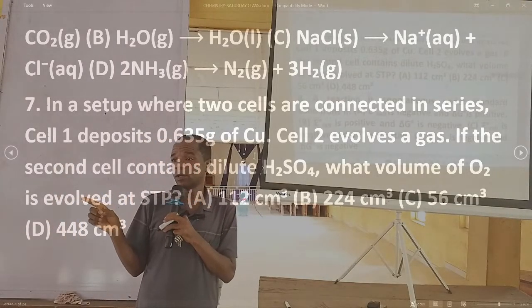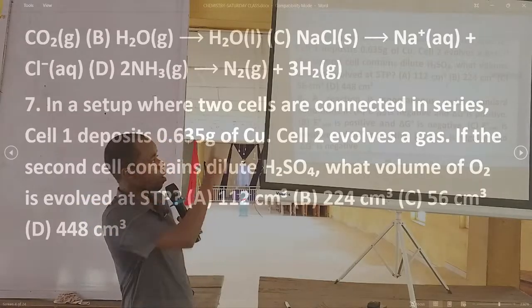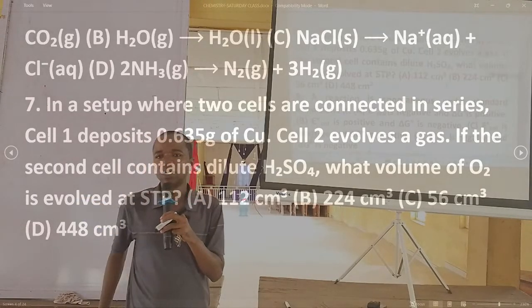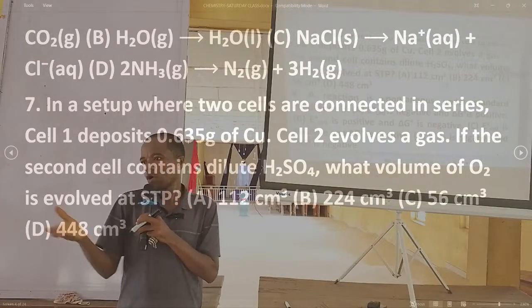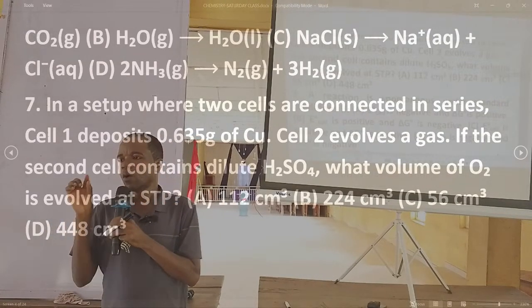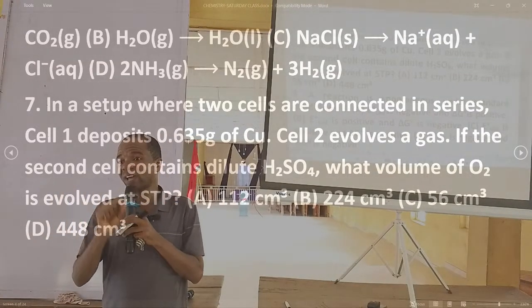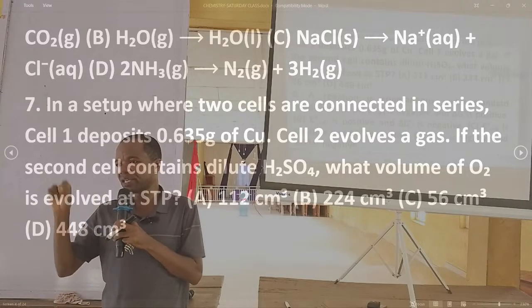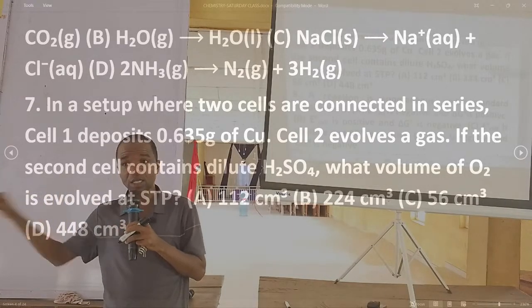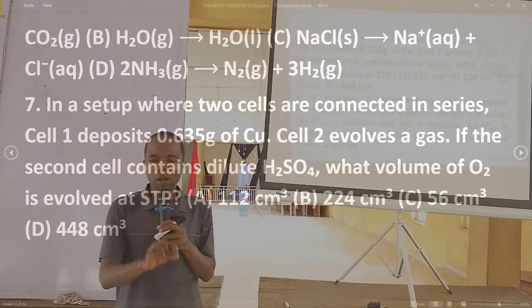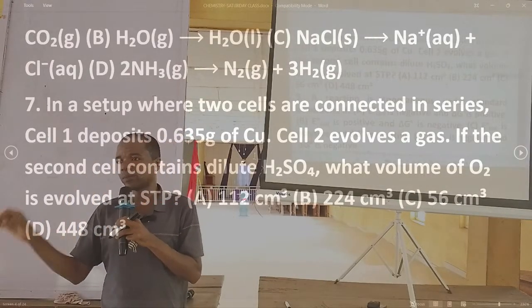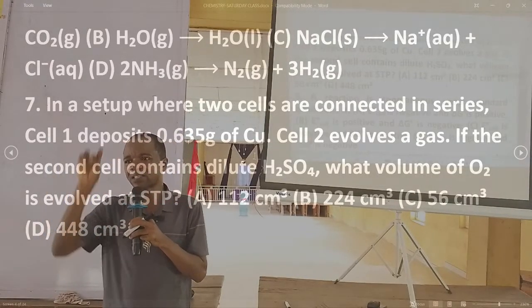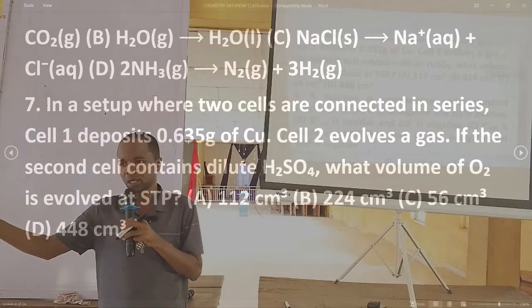That's the first law. Faraday's second law, on which this question is based, tells us that when the same quantity of electricity is passed through different electrolytes connected in series, the number of moles of the element discharged or deposited is inversely proportional to the charges on them.